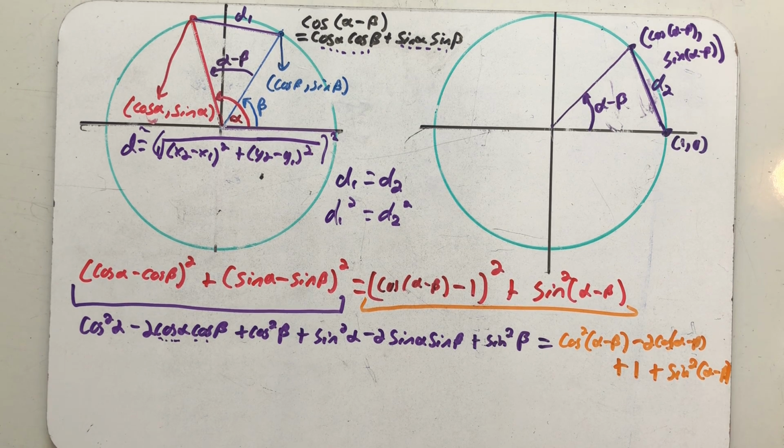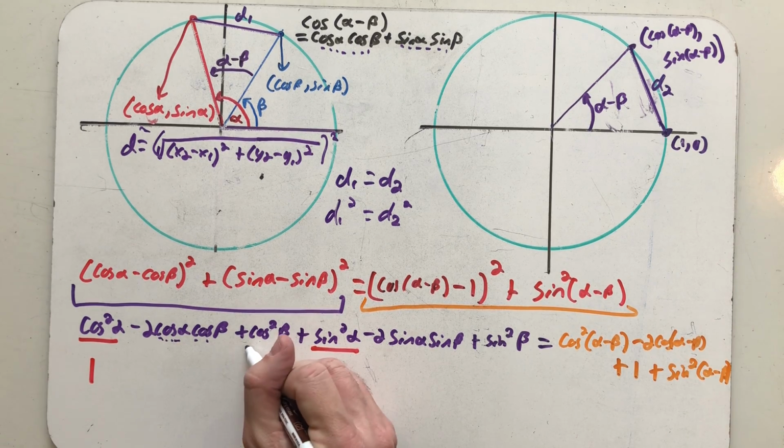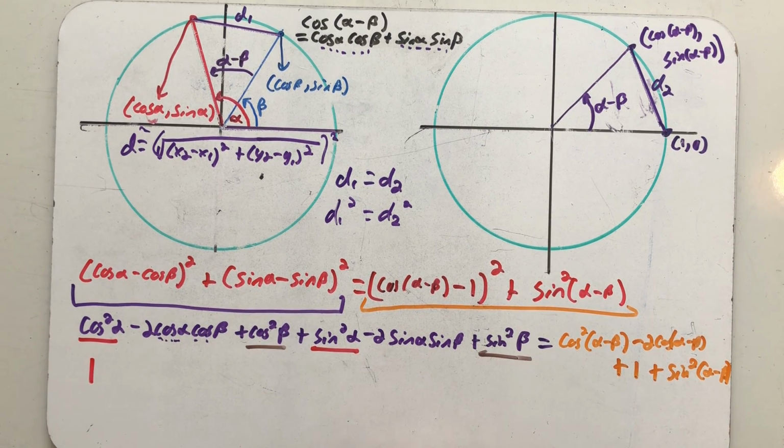Let's look at the left-hand side. I have a cosine squared alpha plus a sine squared alpha, and that's equal to 1. I have a cosine squared beta plus a sine squared beta, and that's equal to 1. 1 and 1, of course, make 2.